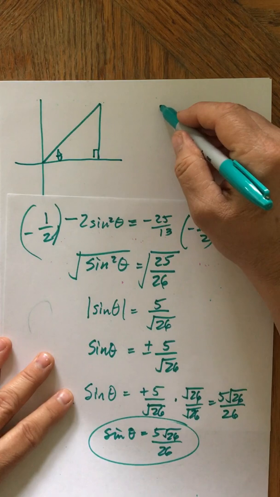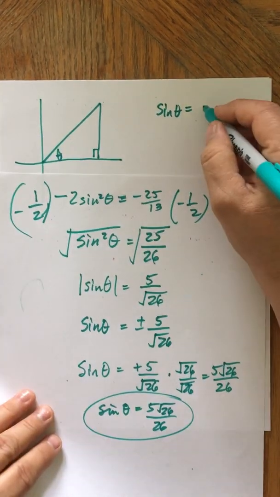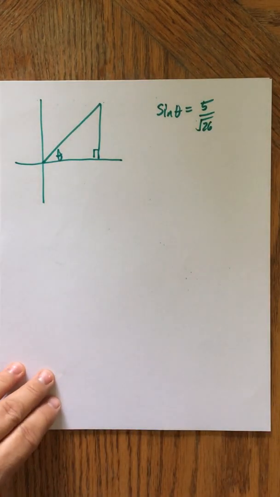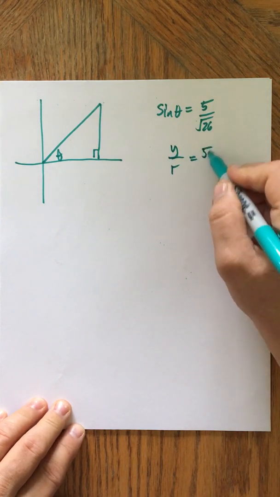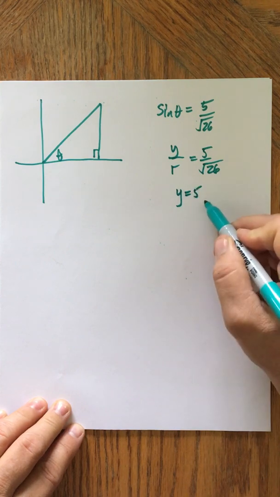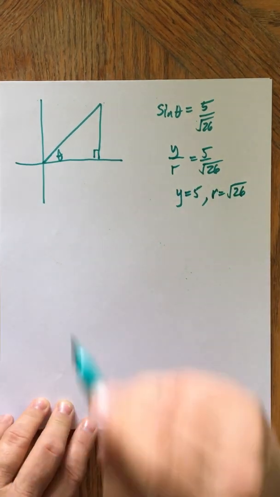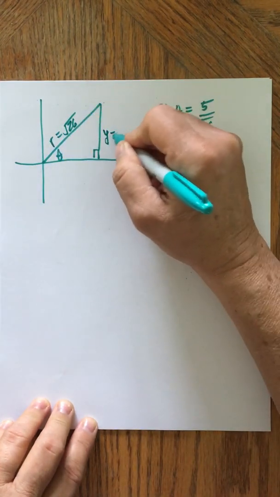And I know sine of theta is 5 over square root 26. Now, since I know the definition of sine is y over r, that means that y is 5 and r is square root 26. So here r is square root 26, and here y is 5.